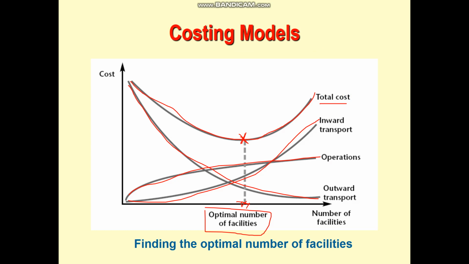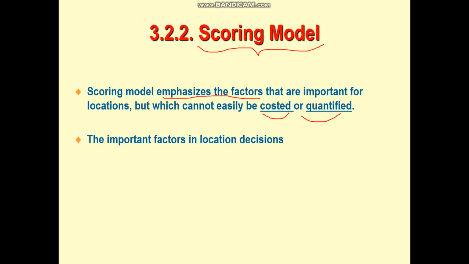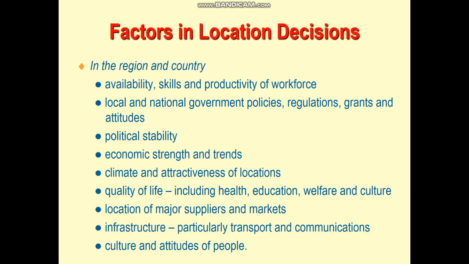For the costing model, we consider the inward transport cost, operation cost, or outward transport cost, but those are easily costed, easy to quantify. However, there are some factors that we cannot measure by number. So that's why we use the scoring model.